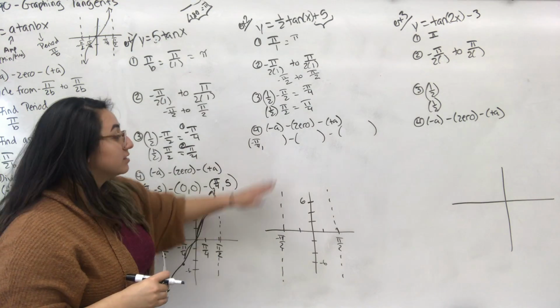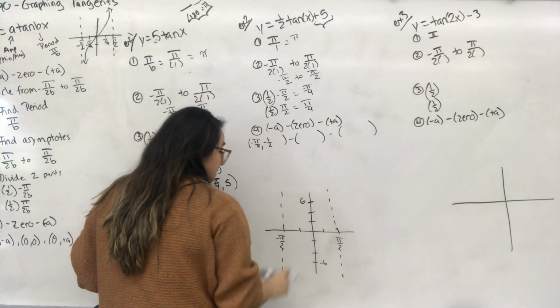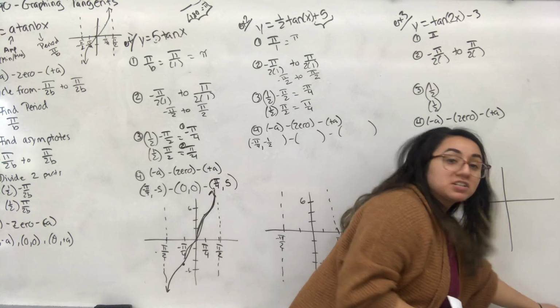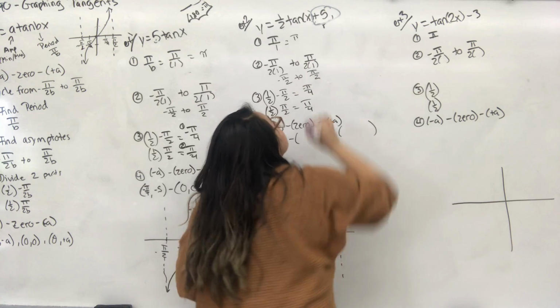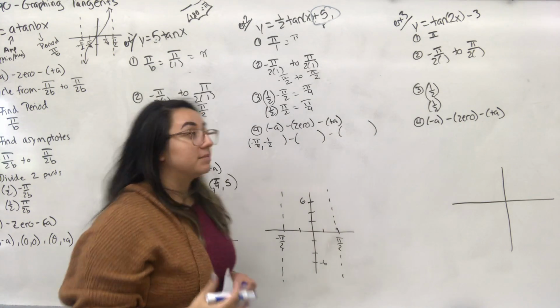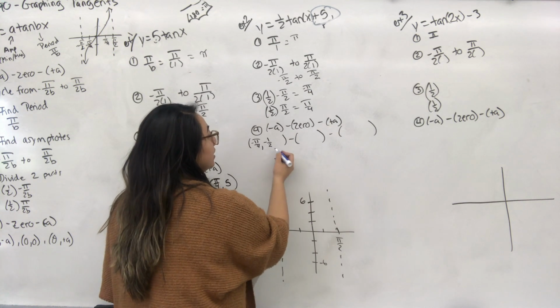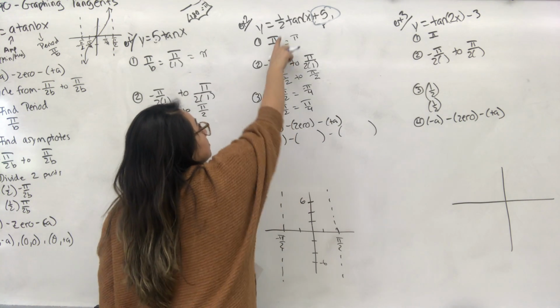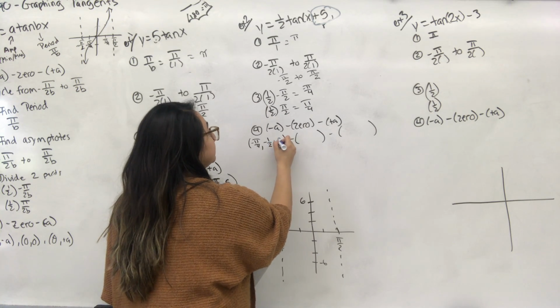Our amplitude is considered negative 1/2. But now we have plus or minus k, so we have a number that's being added to or subtracting into it. Whenever you have that number being added or subtracting into the whole function, you have to add it here. So it's negative 1/2, because remember it's a negative A, but then you have to add 5.